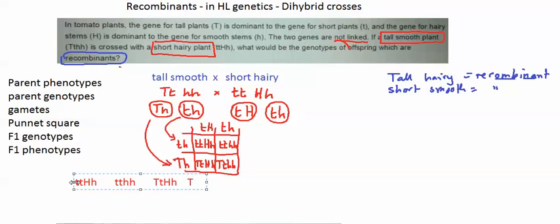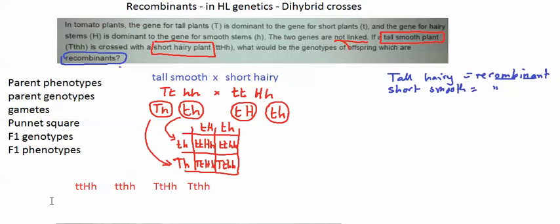And we've got big T, small t, and two small h's. Okay, these are the F1 genotypes. And what's the phenotype for each one of these? That's the next important thing.